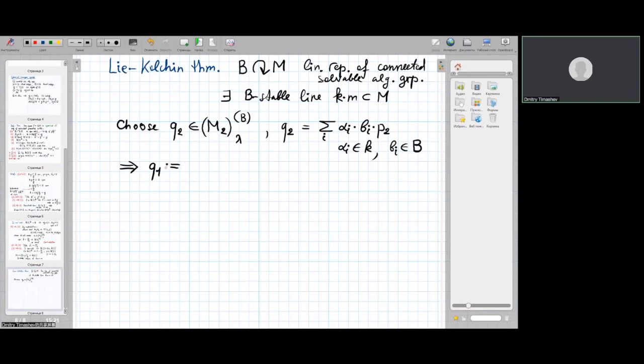Let me define Q1 by definition as the same sum of alpha i times b i applied now to P1.